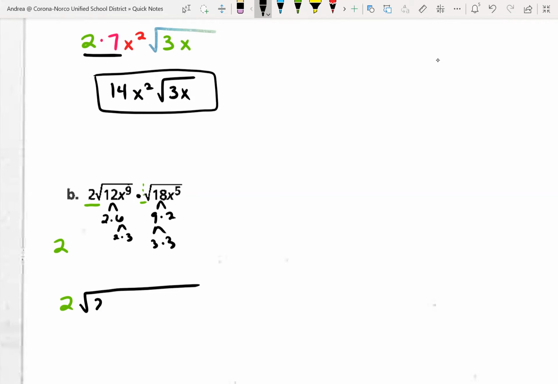So then I have 2 times 2 times 3 times 3 times 3 inside my radical. And x to the 9th times x to the 5th is x to the 14th.